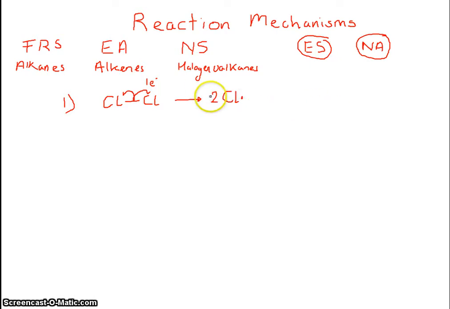So we've generated 2 chlorine free radicals, and we call this our initiation step, and it's the first step with only 1 thing in it. The second step we call propagation. It's step number 2, and that's useful. In fact, remember it's step number 2 because that means it's got 2 reactions.